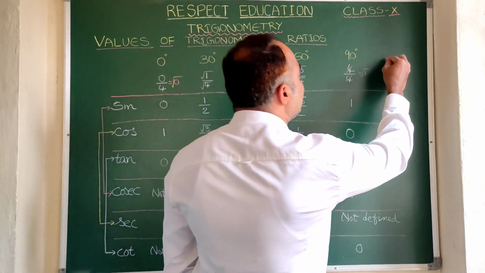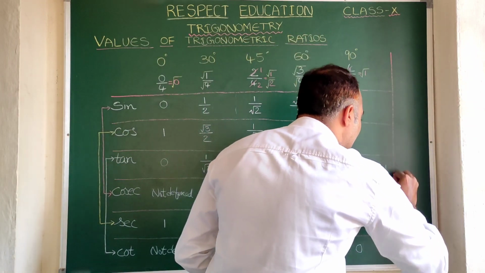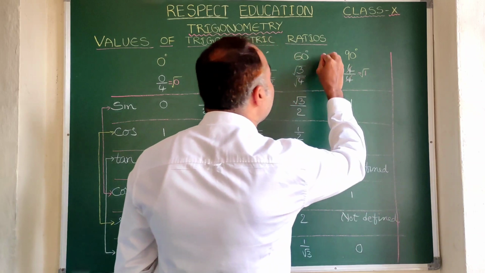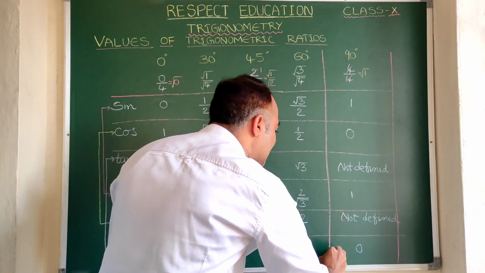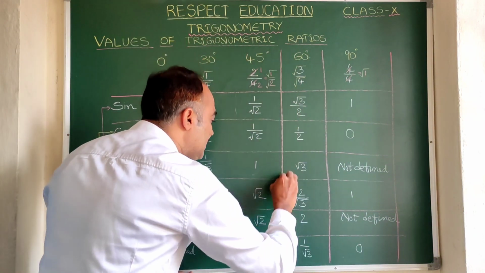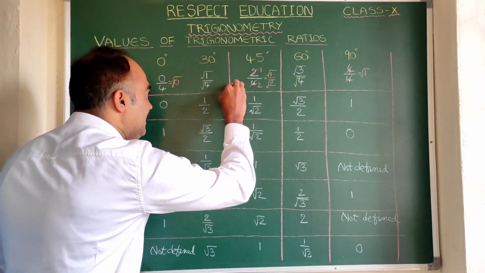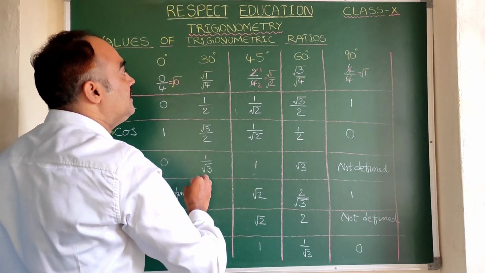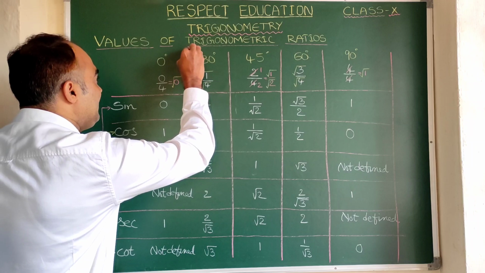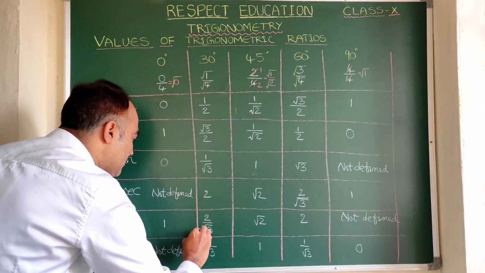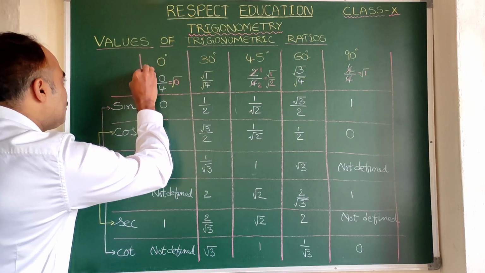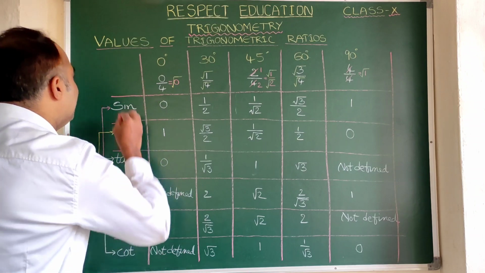So here you can learn all the 30 values. How can we say 30 values? You count once: 0, 30, 45, 60 and 90. Those are 5. Like that we have 6 trigonometric ratios. So 6 into 5 is 30.